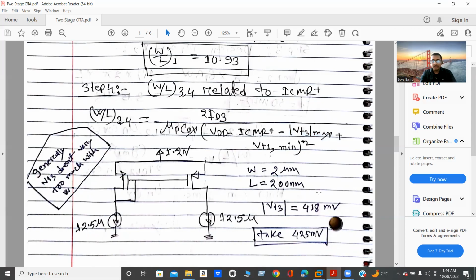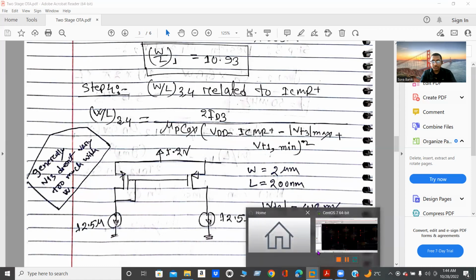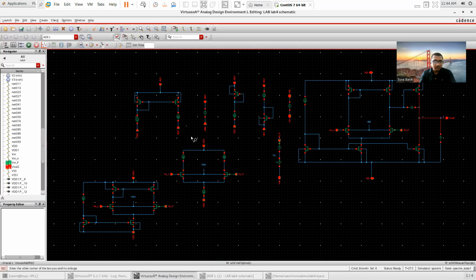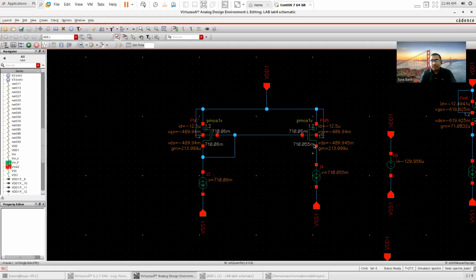However, for design and simulation, and for ease, as well as some other factors, I took a little bit higher value than this calculated value. You can also find this circuitry in Cadence. This is the circuit from where I can calculate the VT of this PMOS.